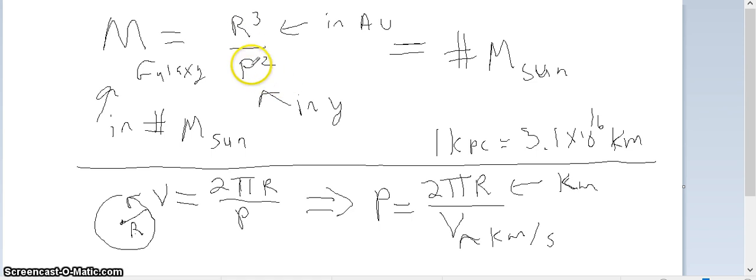Now, how do you get the period? Where does the period come from? That information is actually contained within the velocity and the distance that the star is from the center of its galaxy.